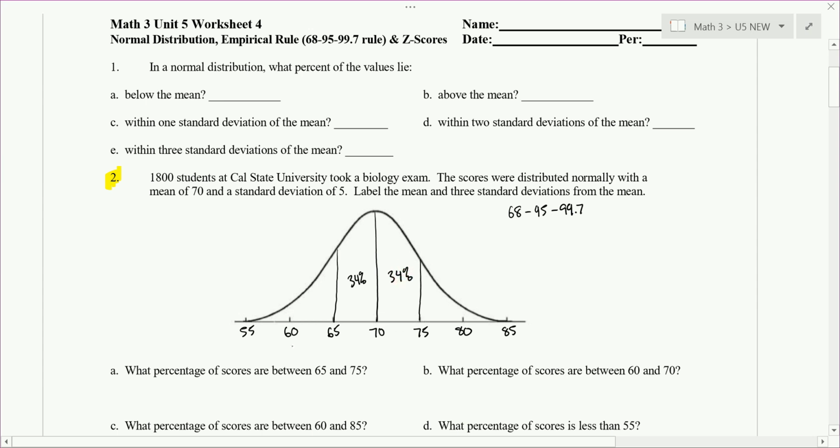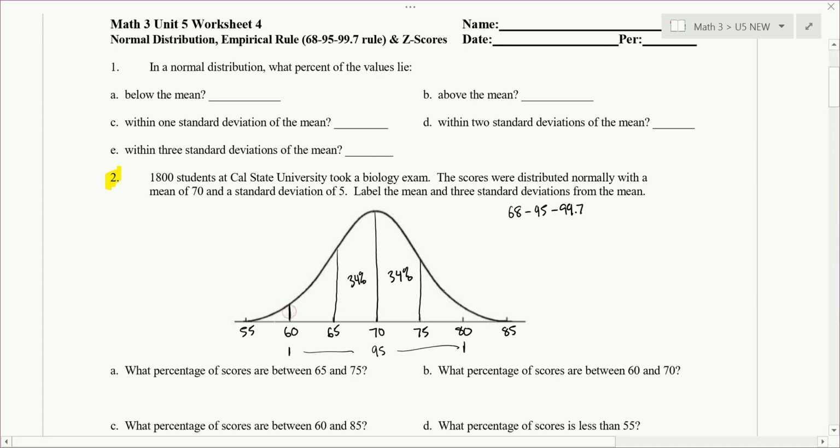95 says if you go 2 standard deviations to your left and 2 standard deviations to your right, that covers the middle 95% of your data. So if that's true, and we've already accounted for 68, then 95 minus 68 is 27% left.